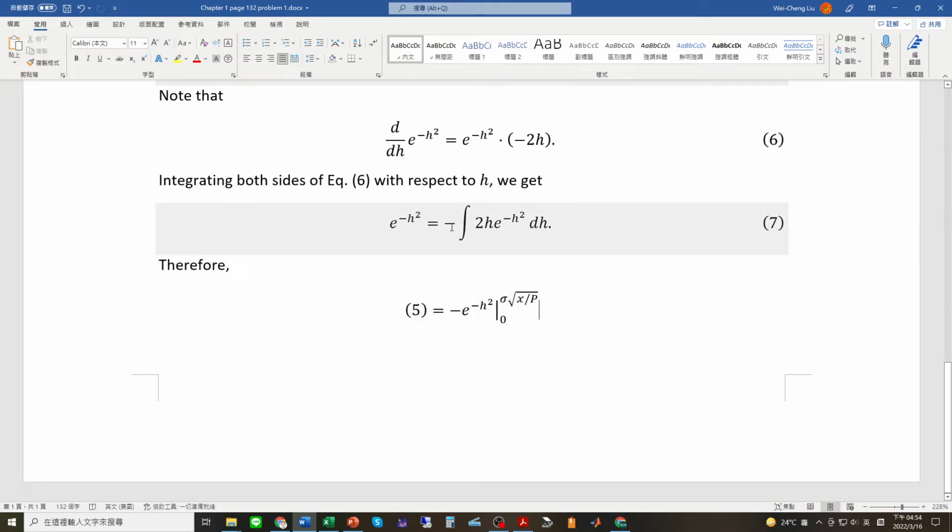Okay, we can move the minus to the left hand side of equation 7. Minus exponential of minus h squared, where the lower limit is 0 and the upper limit is sigma times the square root of x over p.